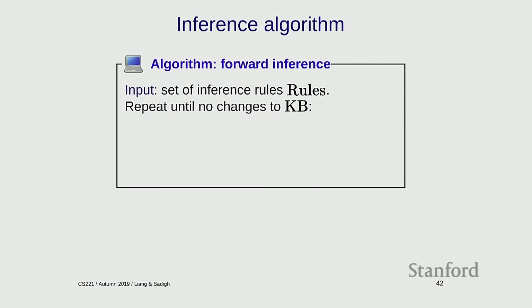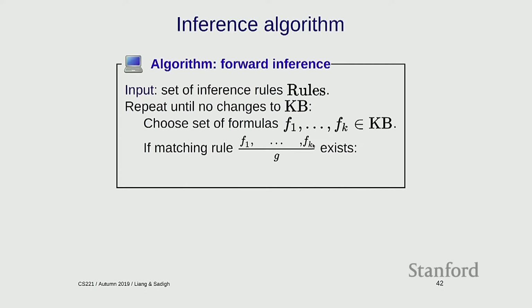So given a bunch of inference rules, I have this kind of meta algorithm that can do logical inference as follows. I have a set of inference rules, and I'm just going to repeat until there's no change to the knowledge base. I choose a set of formulas from the knowledge base. If I find a matching rule inside rules that exists, then I simply add G to the knowledge base. Okay?